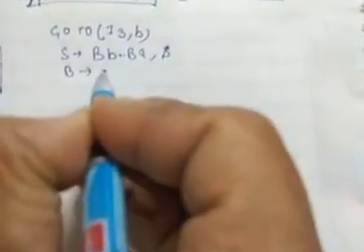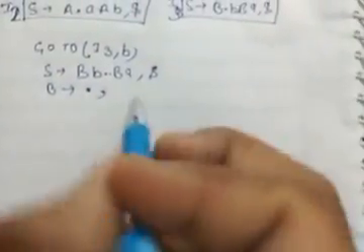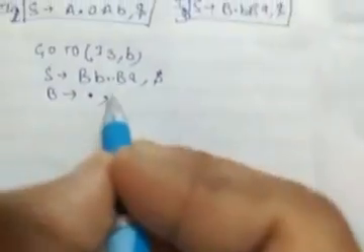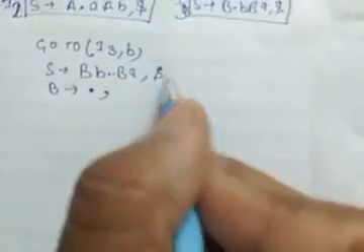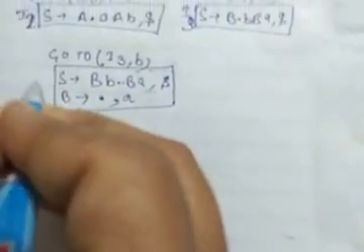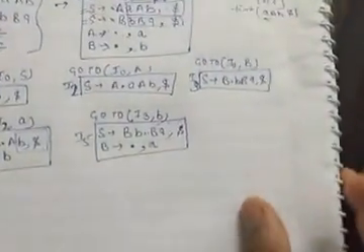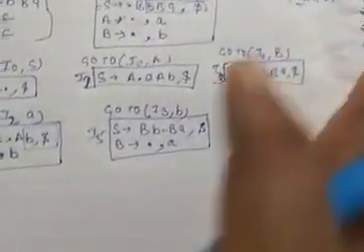After B there is a non-terminal, so we have to write the production of B, and it will become dot. There is a production B to epsilon, so it will become epsilon. And the next element, the look ahead item, will depend upon this a and dollar. It means it will become first of this, and it will be a. And this becomes the I5 state.